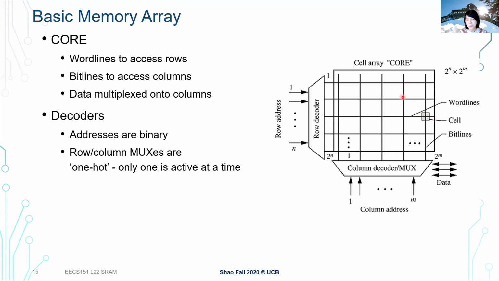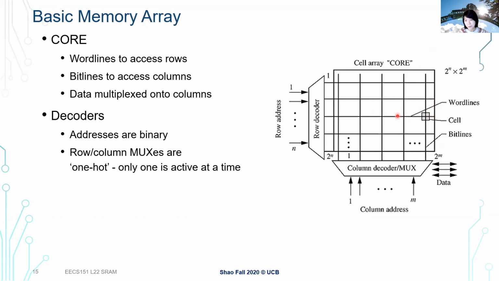And correspondingly, we need a cross to figure out which cell we're accessing, right? So this vertical line here specifies which column we're accessing. This is called bit line. So word line specifies which row we're accessing, and bit line, we'll see how we can use the bit line to read and write this particular SRAM cell to access the column here.